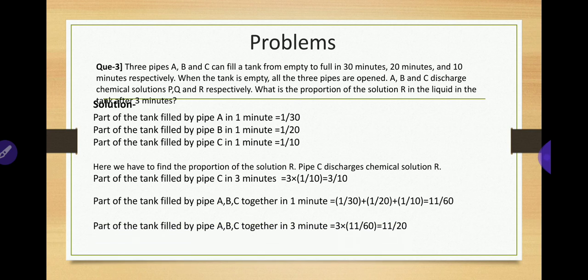You will get 11 by 20 as the part of the tank filled by the three pipes together in 3 minutes. Isn't it? And the ratio of these two is asked, that is the required proportion is 3 by 10 divided by 11 by 20, and you will get 6 by 11. So this is our answer. 6 by 11 is the proportion of solution R in the liquid with respect to other solutions in 3 minutes.